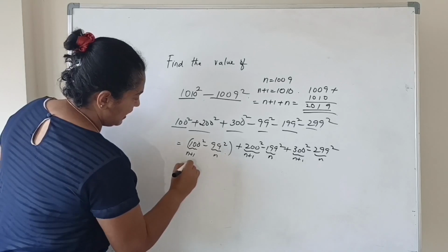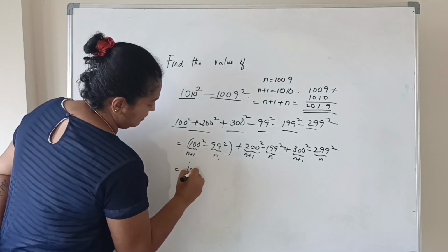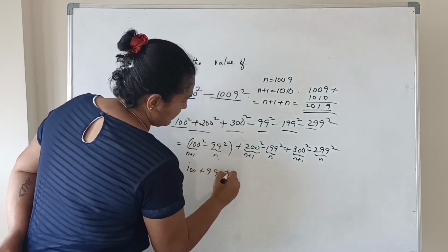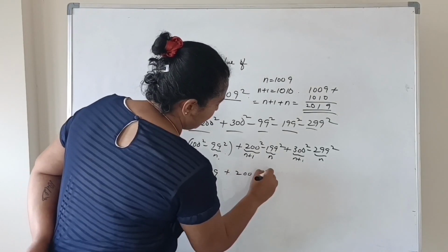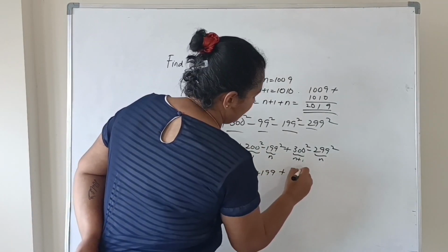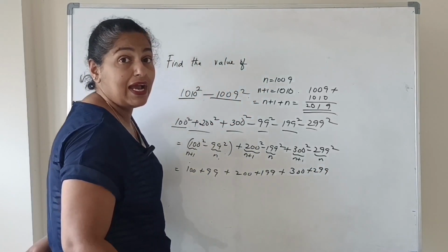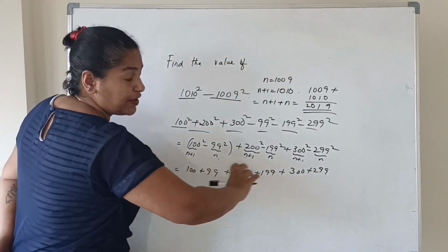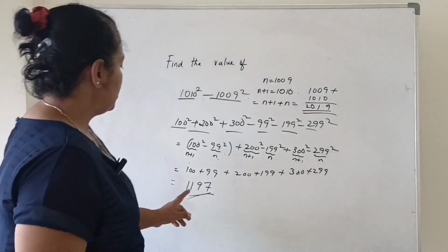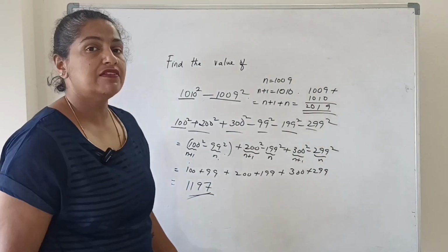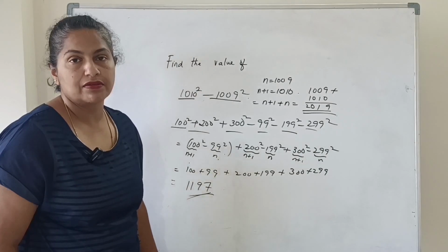The value of this is n plus 1 plus n, which is 100 plus 99 plus 200 plus 199 plus 300 plus 299. We just have to add all the terms to find the final value. You will be getting the final value as 1197.